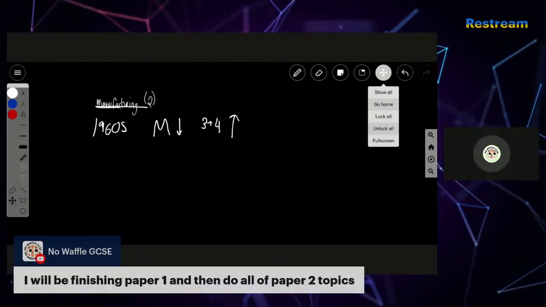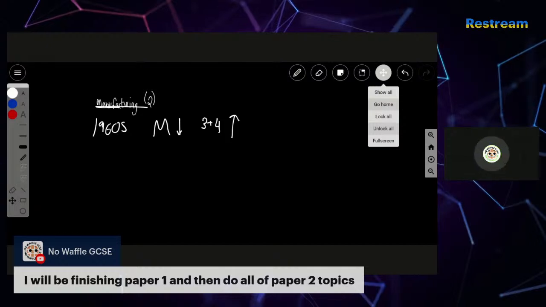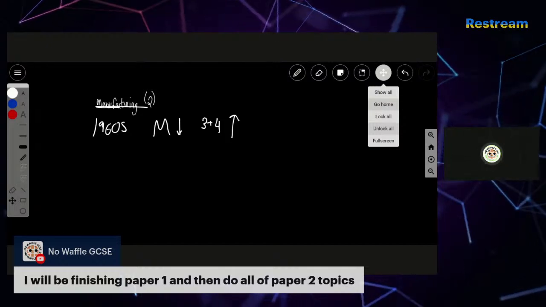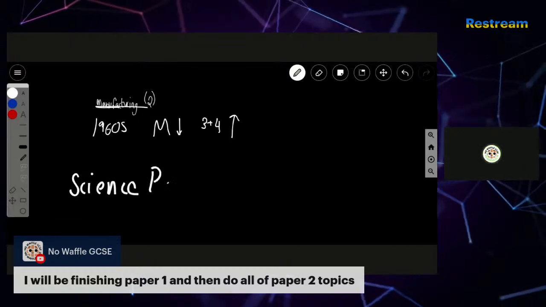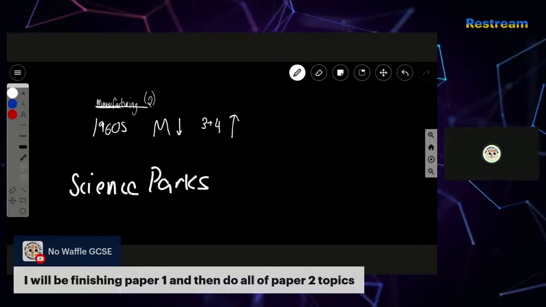Now, there are loads of quaternary industries, which, as I said, was things like sciences, research, and IT. And things like science parks are the new quaternary industries.